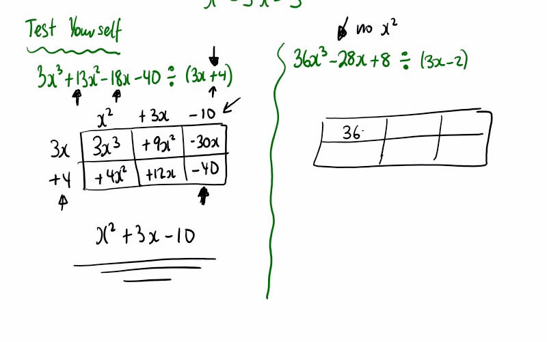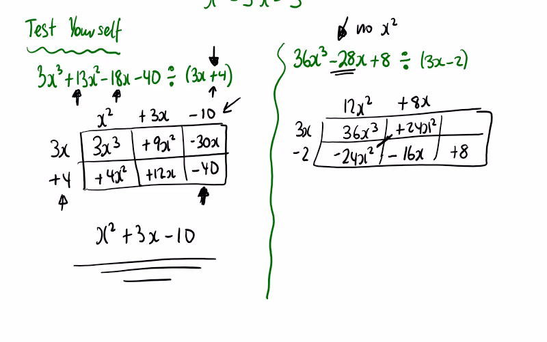So I've got my 36x cubed, my plus 8, and I've got my 3x minus 2. So I'm going to have a 12x squared by 3x is 36x squared minus 24x squared, and I'm going to have a plus 24x squared to get rid of this one. 3x into 24x squared is plus 8x. 8x by minus 2 is minus 16x.